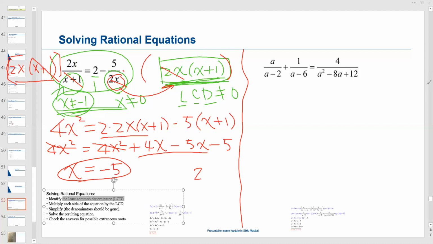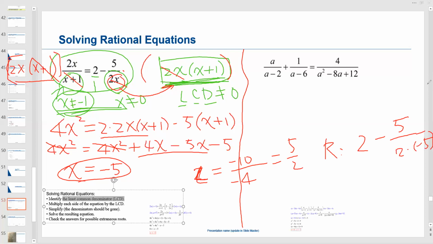So let's see the left part. The left part is 2 times -5 is -10, right? -5 plus 1 is -4. So here is 5/2. What about the right part? The right part is 2 minus 5 over 2 times -5, which equals 2 minus negative a half.